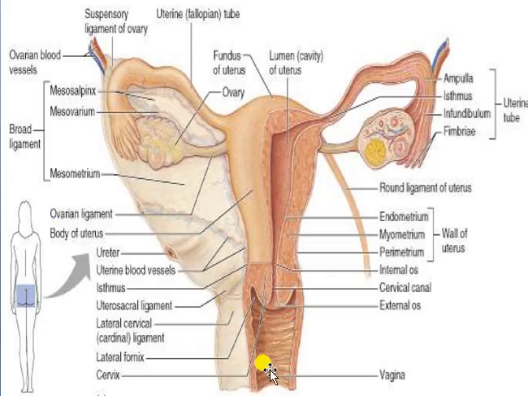So this is the vagina. Don't confuse the cervix and the vagina. This is the vagina, from here to here is the cervix, then from here to here is the uterus. The uterus has the fundus and the body. Don't be confused here.